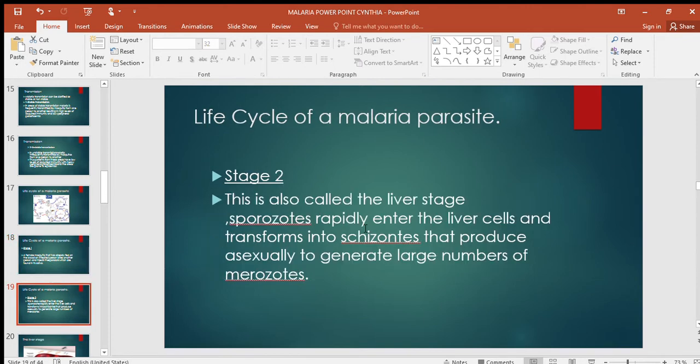Then stage 2 is also called the liver stage. During the liver stage, the sporozoites will go to the liver and infect the liver cells.